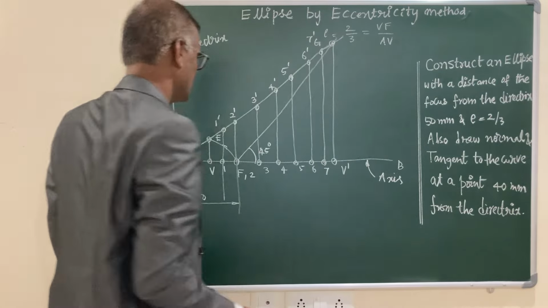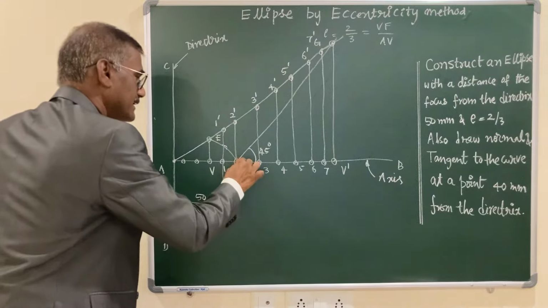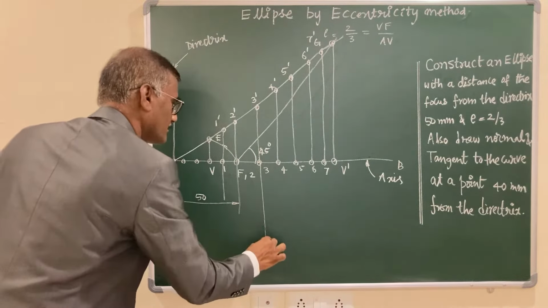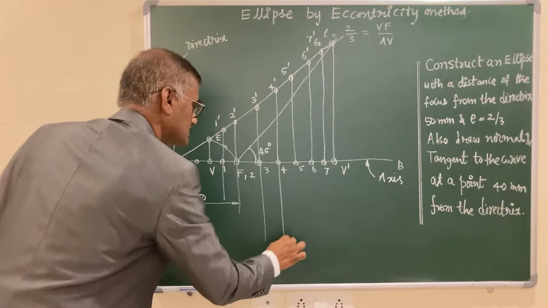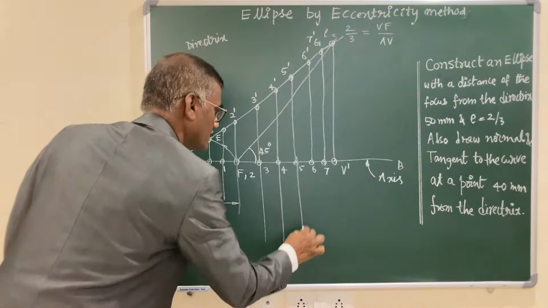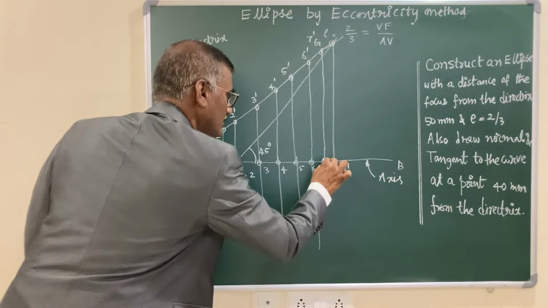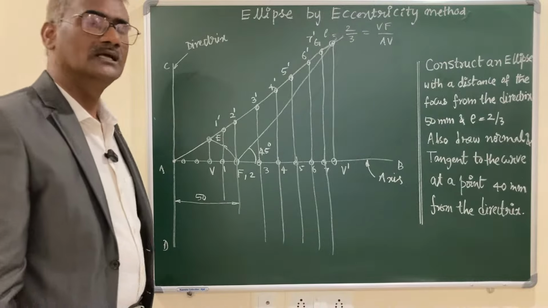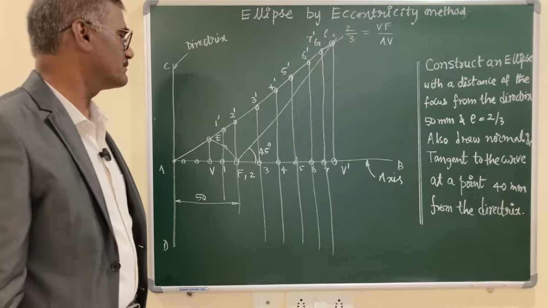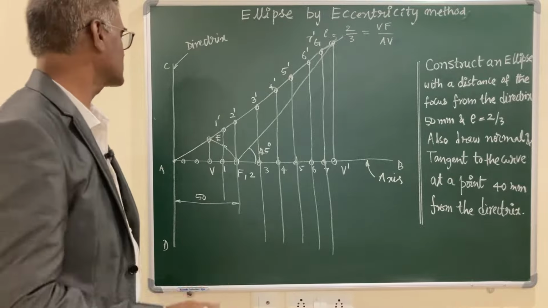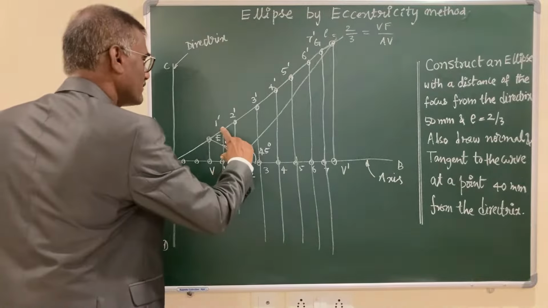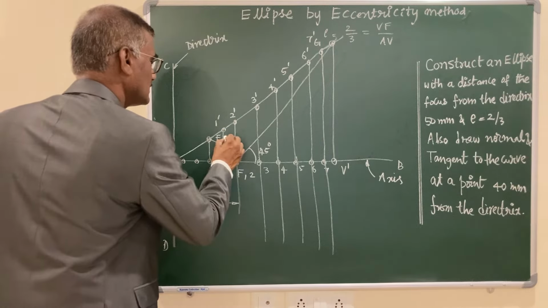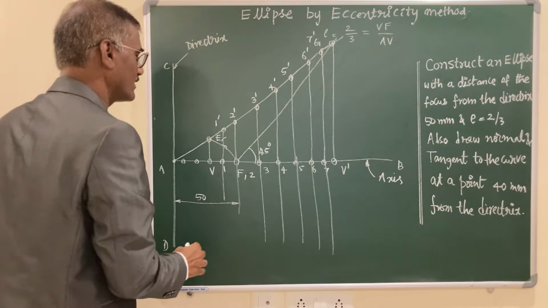What you do is extend these lines, because this curve is symmetric about the axis, and you are going to locate points above as well as below, so the lines are extended below the axis. Now it is very simple. With the help of a compass, 1 prime is the radius, F is the center, locate on the 1 prime line.